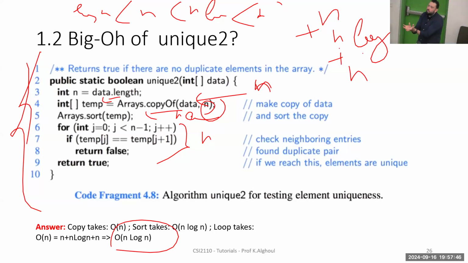You have to put them together to know the total time. The total time is n plus n log n plus n. So technically it's 2n plus n log n. You can say this, you can say that, but usually when we use the big O notation, we just use the largest one of them. But technically the exact running time is 2n plus n log n. That's the exact one. Okay.